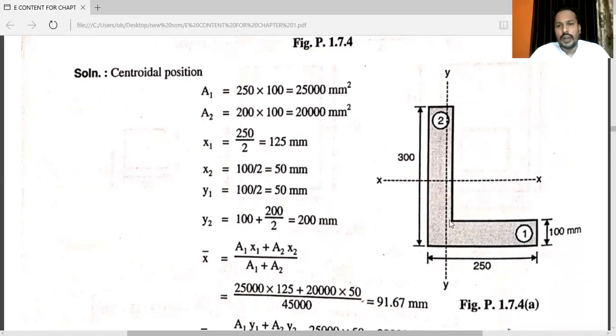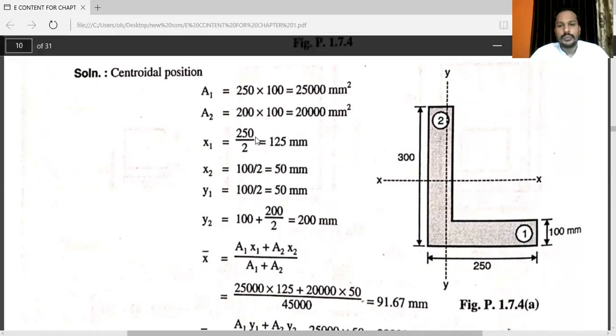But while dividing, one important thing is don't consider any area two times. Proper care is required while selecting or dividing the area.